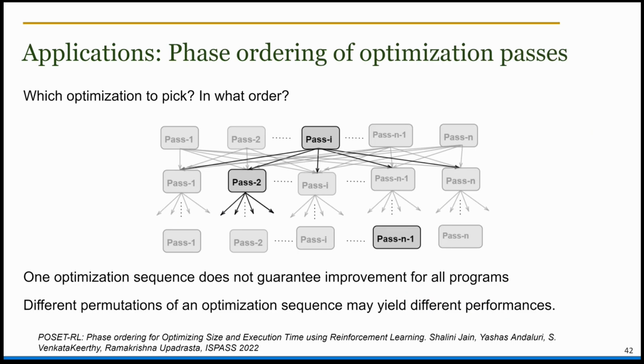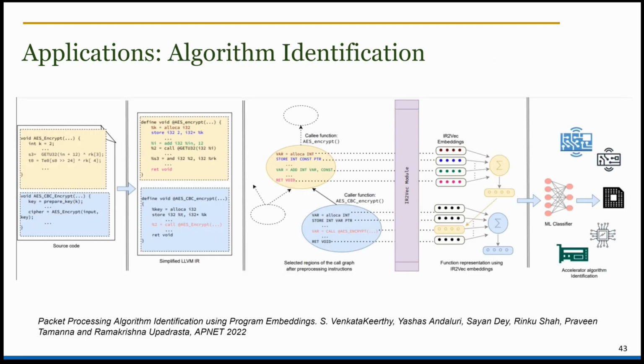And we also tried out phase ordering, focusing on code size reduction. This work was published in ISPASS 2022. And also we did try out some form of algorithm identification when it comes to network applications.